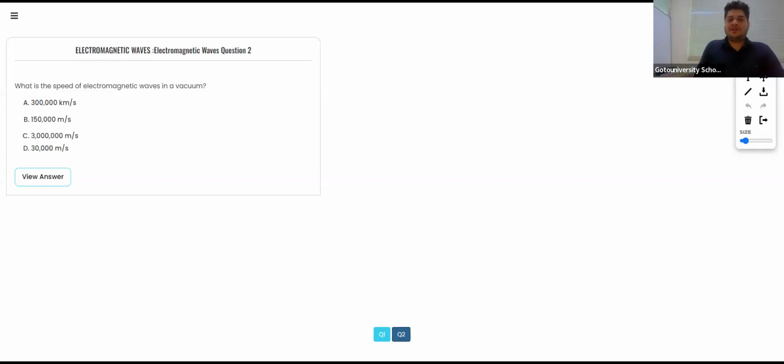See, we have kilometer here. 1 kilometer is equal to 10 raised to 3. So already we have 10 raised to 5, and 1 kilometer will be equal to 10 raised to 3 meters. So this will be equal to 3 into 10 raised to 8 meter per second. And Mamta gave the right answer, option A.